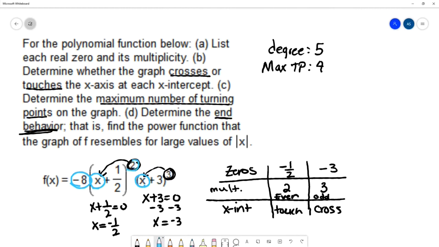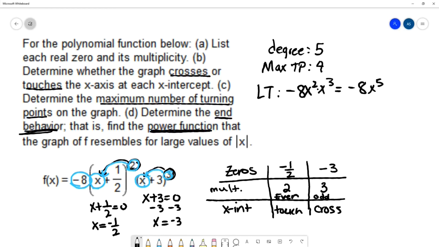So if we apply the power to the variable and then multiply, we're going to have a leading term of -8 x squared times x cubed, and that's -8x to the 5th. So our power function for this graph is going to be -8x to the fifth.